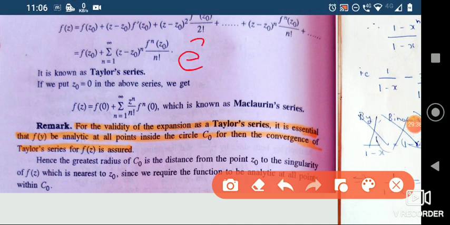Let's say we have e power x is equal to 1 plus x by 1 factorial plus x square by 2 factorial, and goes on. These are some examples. Instead of writing e power x, for integrating or anything, we know the integration of e power x, but in some big equations, let's say e power x by x, you have to integrate that.